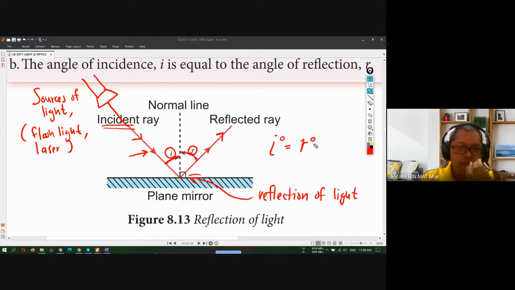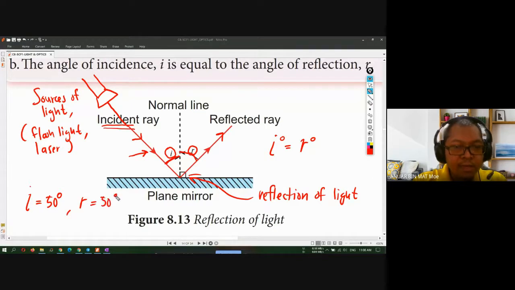For example, if the incident angle is 50 degree, very easy for you to remember, the reflected ray also 50 degree. 50 degree, not Celsius, I'm sorry. Celsius is for temperature, degree is for the angle of the ray. Can you understand this? I'll try to give you the example.